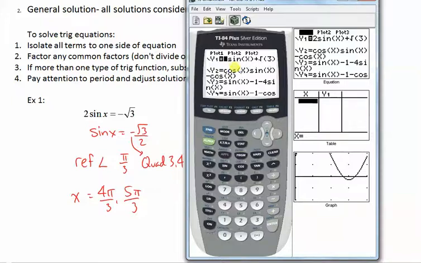Now, the amplitude of 2 sin x is plus or minus 2, and then √3 is being added. So I need to go as high as about 4 and down to perhaps 0 when I set the window. You can see that I go from 0 to 2 pi representing the conditional solution, and my y min I'm going to adjust in this case to 0 and 4.